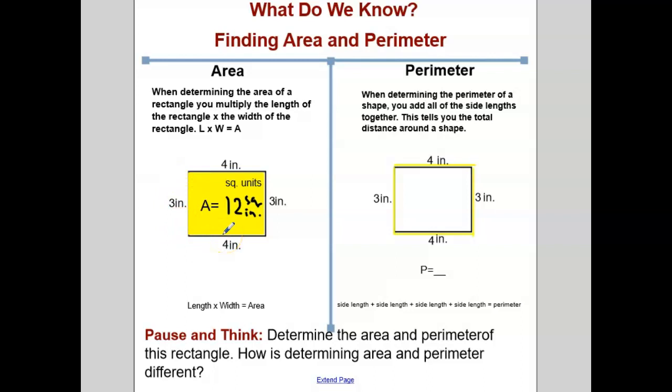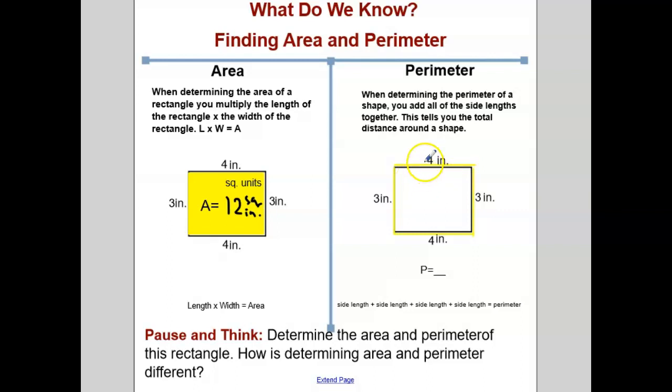Perimeter, we do a little bit differently. We carefully add each of the side lengths. So I would have added for my equation what? Yes, 4 plus 4 plus 3 plus 3. What is the perimeter of this shape? What is the total of all of the side lengths added together?